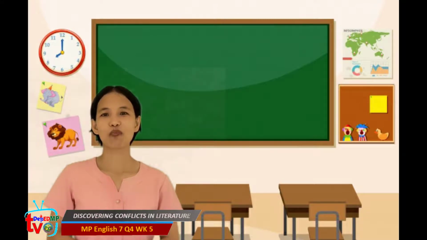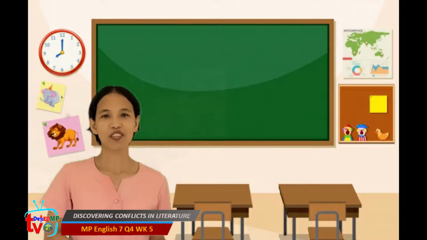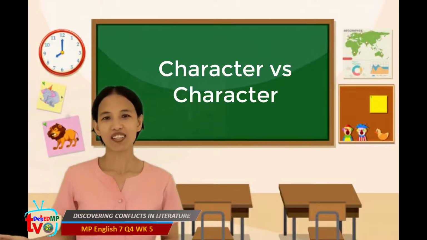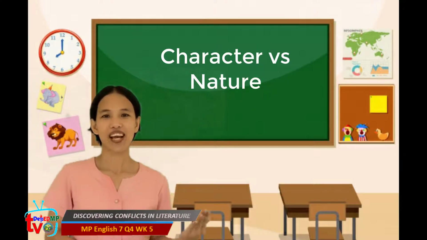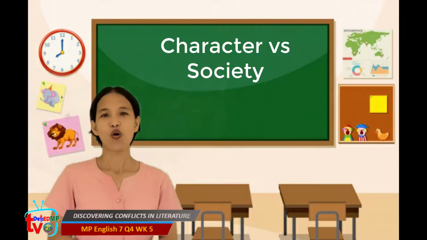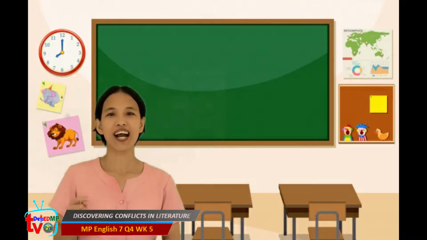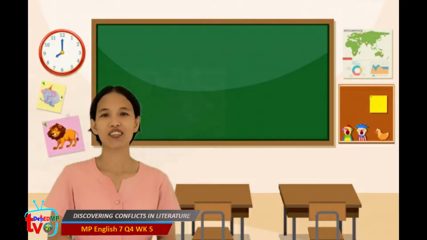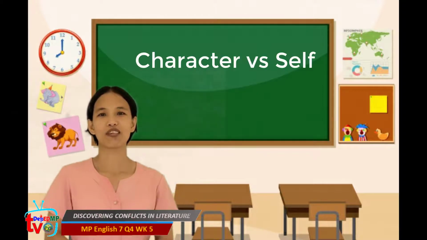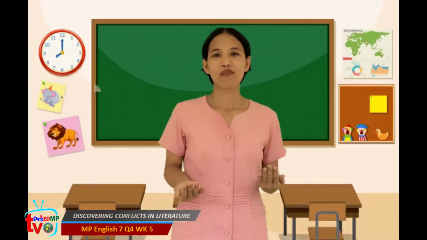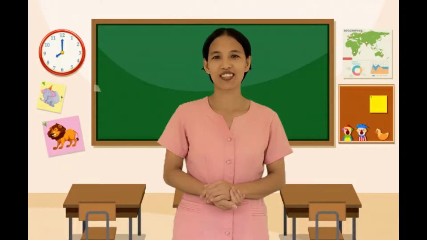External conflict comprises three main types, namely character versus character, character versus nature, and character versus society, while internal conflict has only one kind, which is called character versus self. Now let's learn about the explanations and examples of each type of conflict.